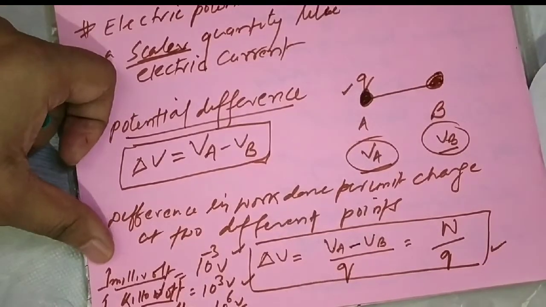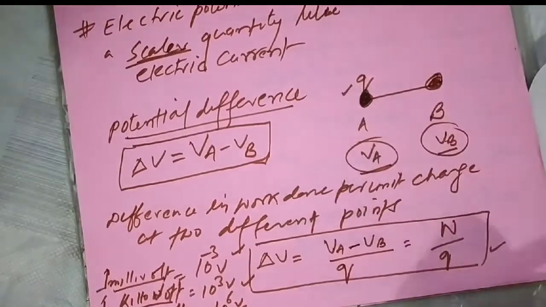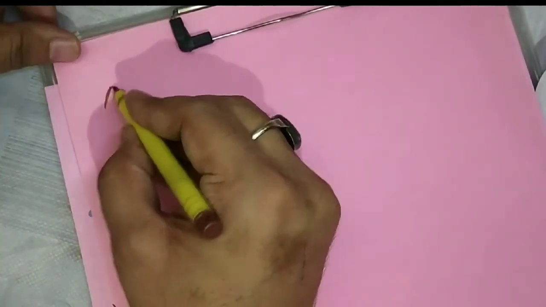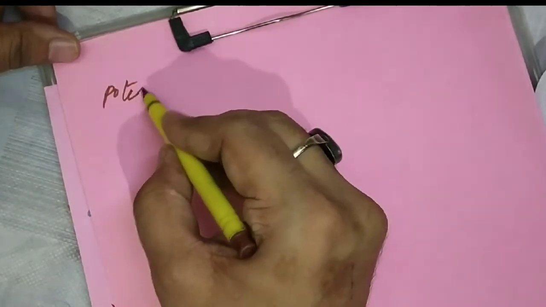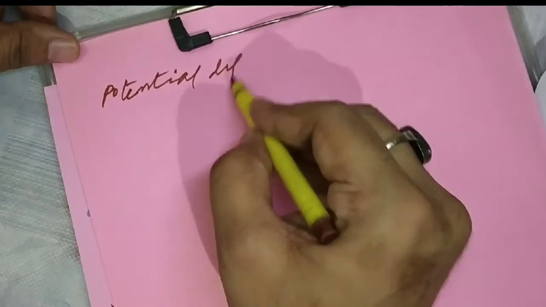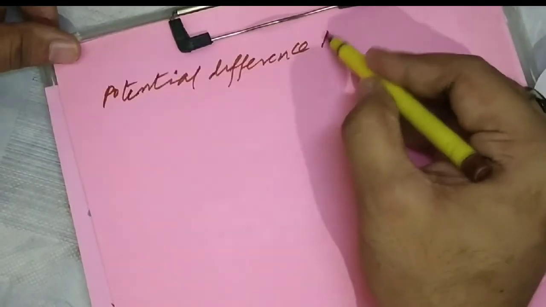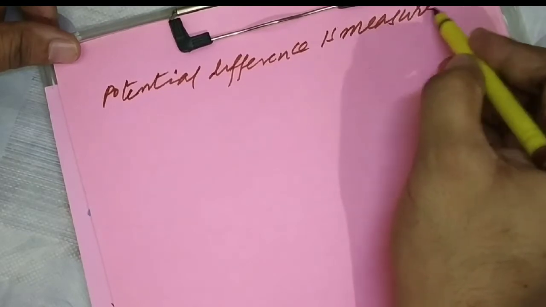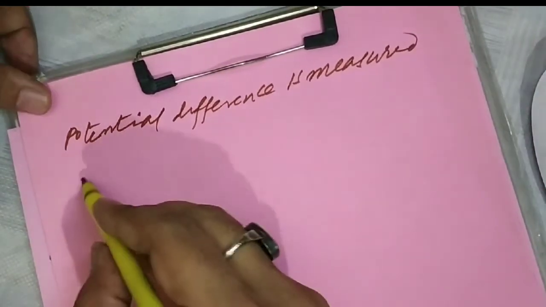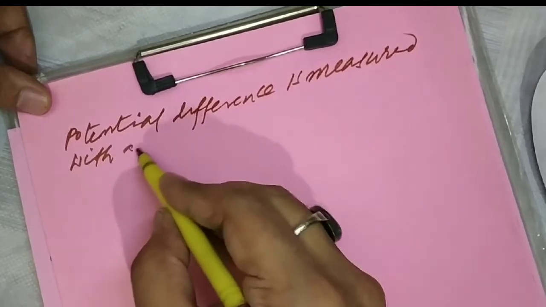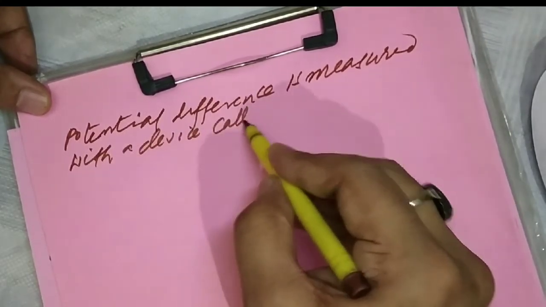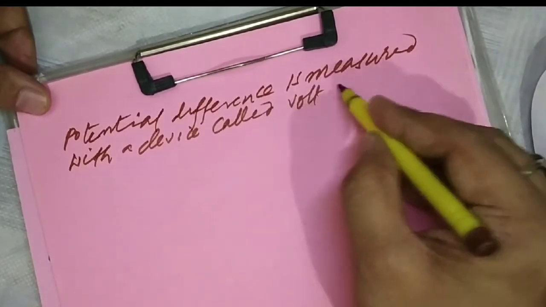Potential difference is measured with a device called a voltmeter.